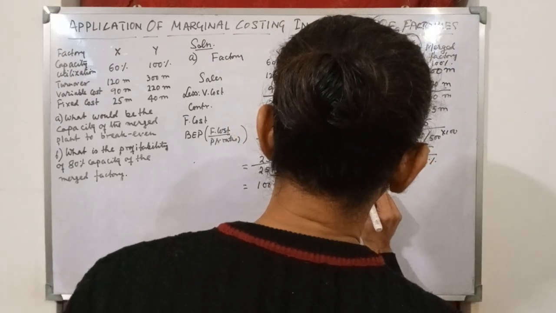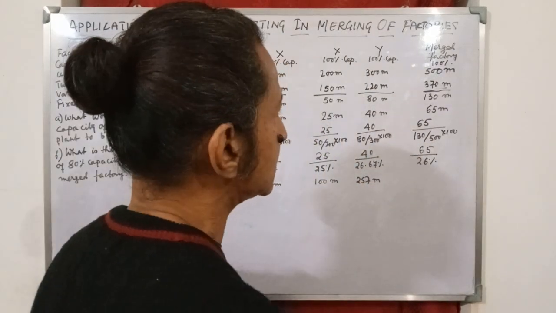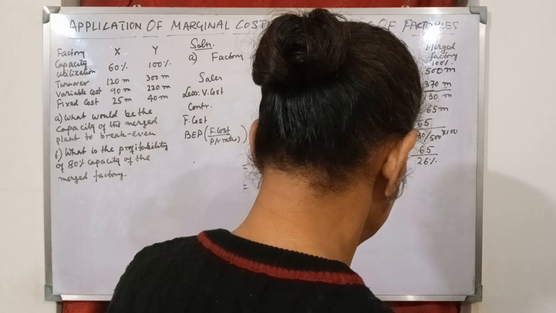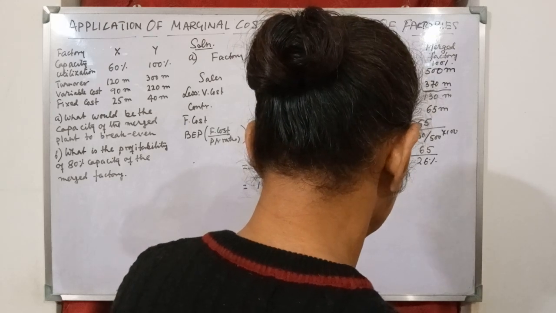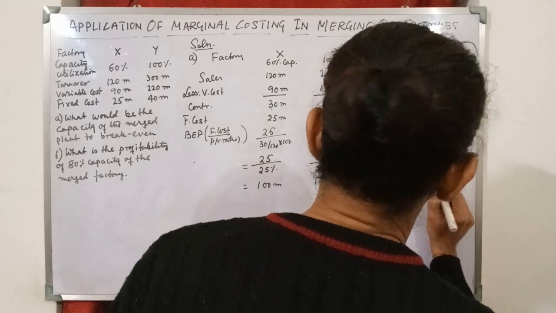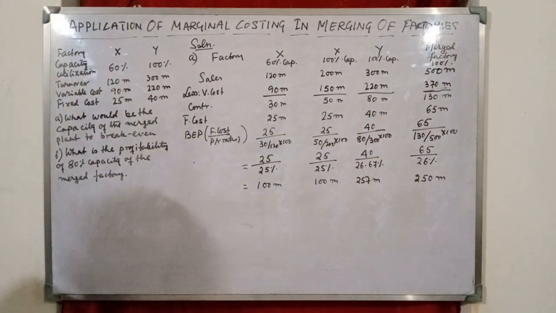Let us take 257, and here 65 by 26%. It is 250 million, right?